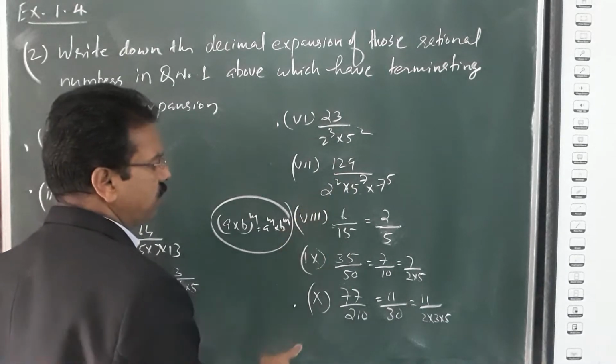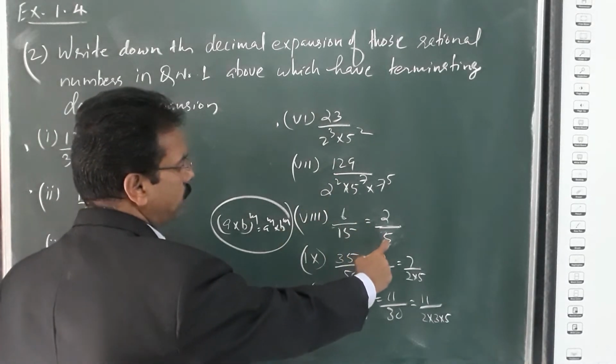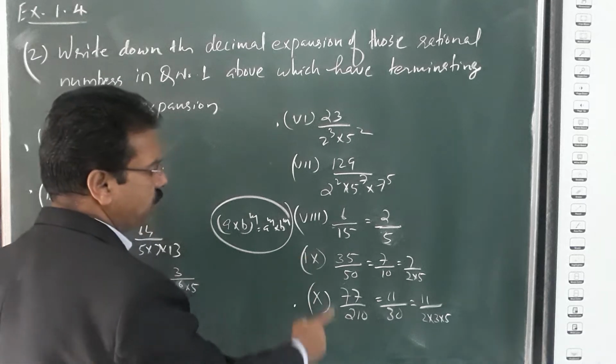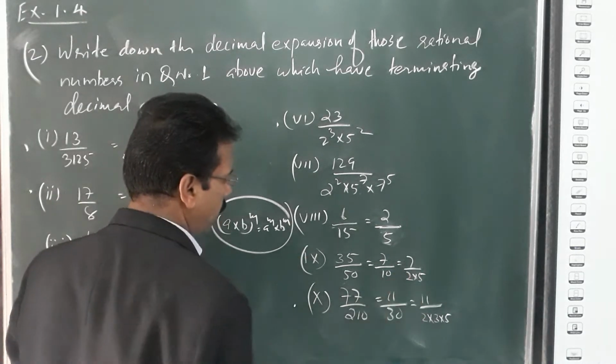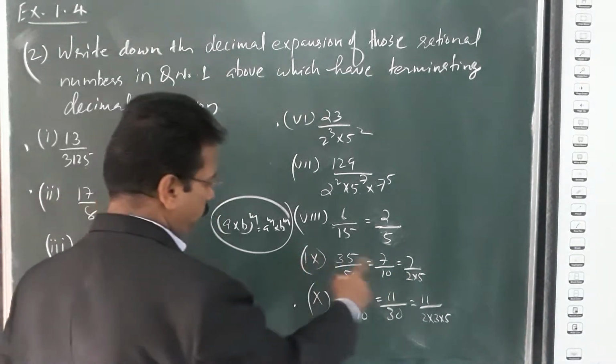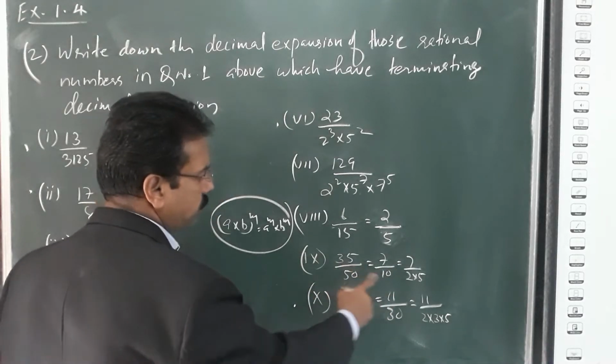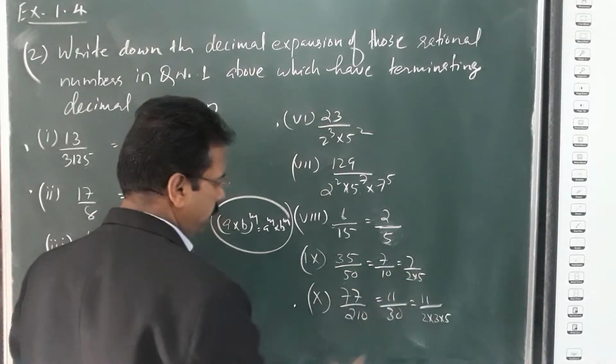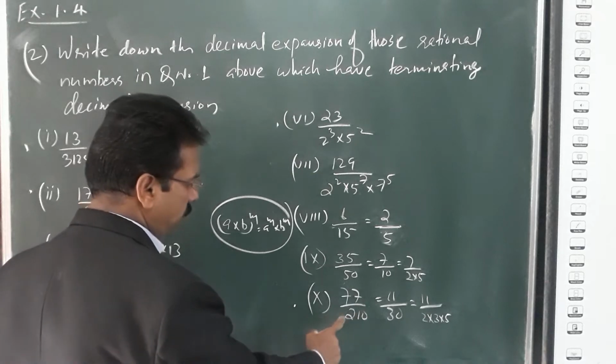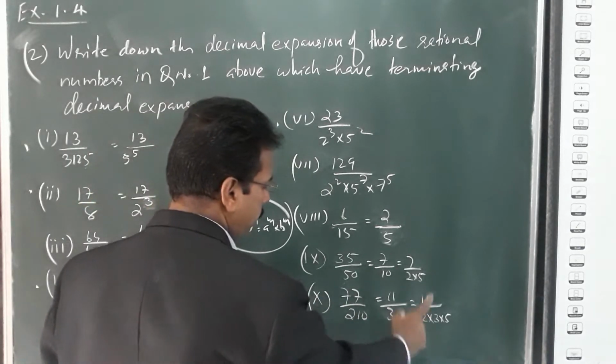And 8 is terminating because only 5, and 9 is 2 and 5, terminating. And 10 is non-terminating recurring.